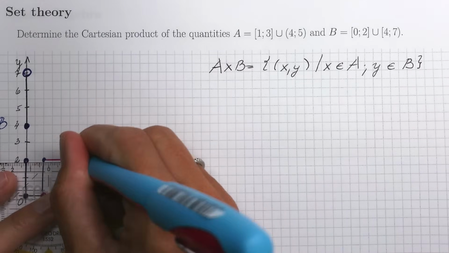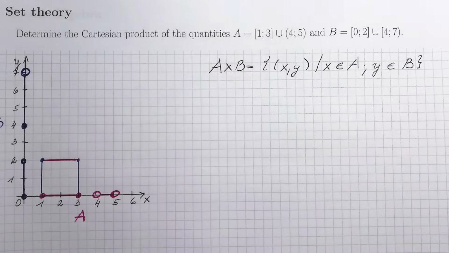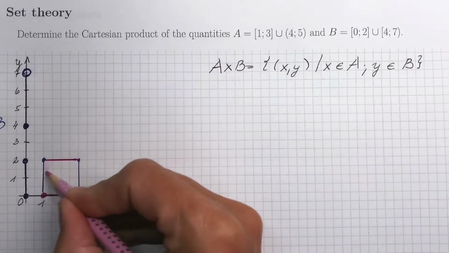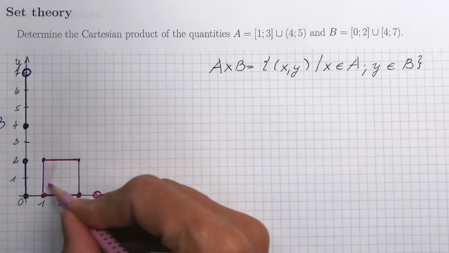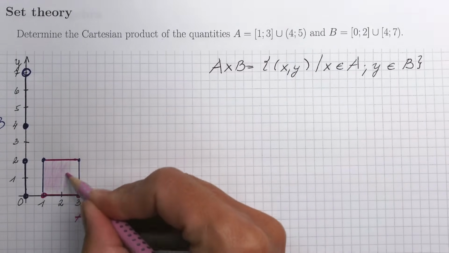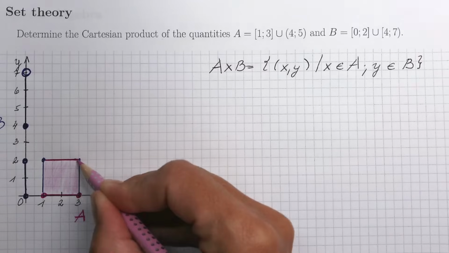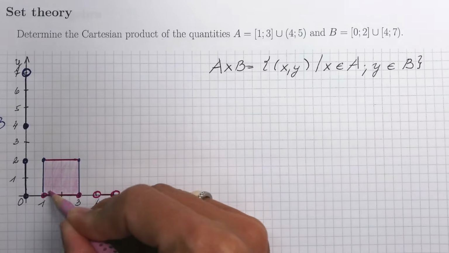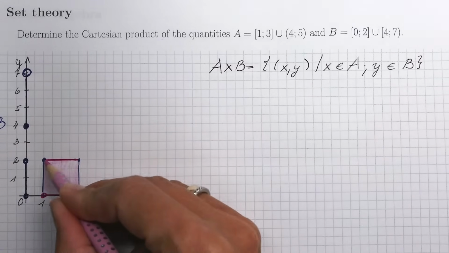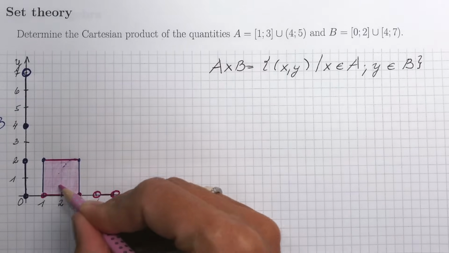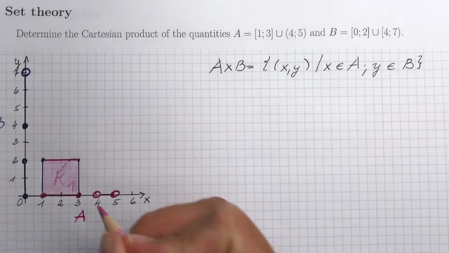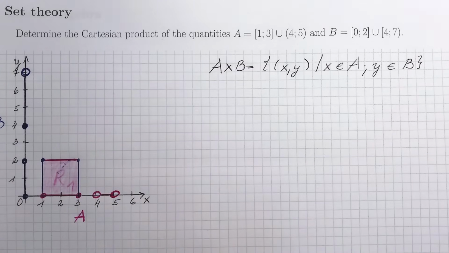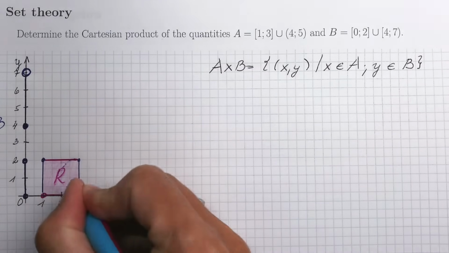It looks like this, and it's not only this rectangle's border, but also anything in between, because these are intervals, and the intervals contain all real numbers in between. So this is also all the pairs of numbers, and of course it's an infinite number. In here, they're all included, and maybe we call this R1.